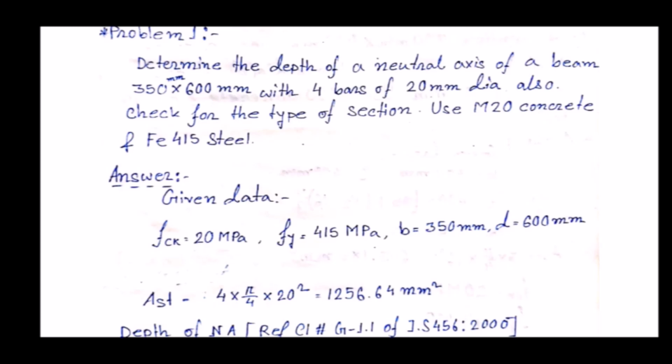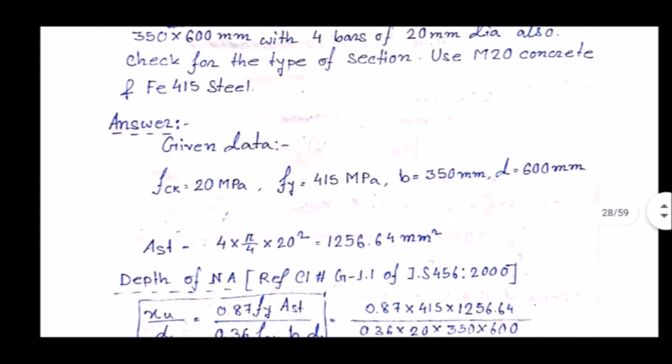So here we have to find out the total cross sectional area of 4 bars, that means the total Ast, area of steel. So 4 bars multiplied by pi by 4 multiplied by 20 square is equal to 1256.64 mm square. Now we have to find out the depth of neutral axis.